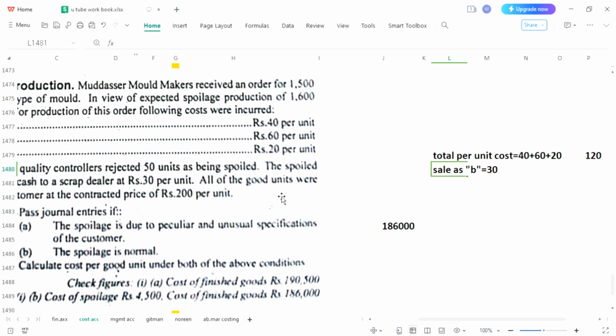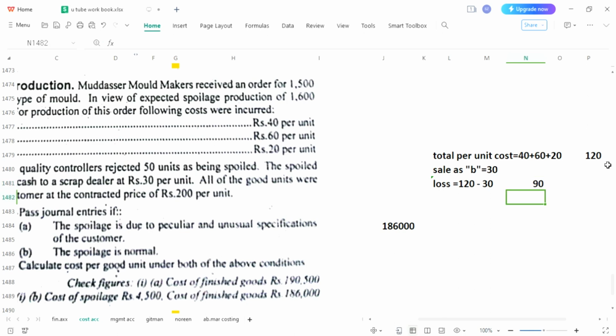Now loss would be calculated, and I'm very hopeful that you are well familiar with the calculation of loss. How? Total price was 120 while we can sell it only for rupees 30. The remaining amount would be your loss. And how much is that loss? 120 minus 30 means 90 would be your loss.